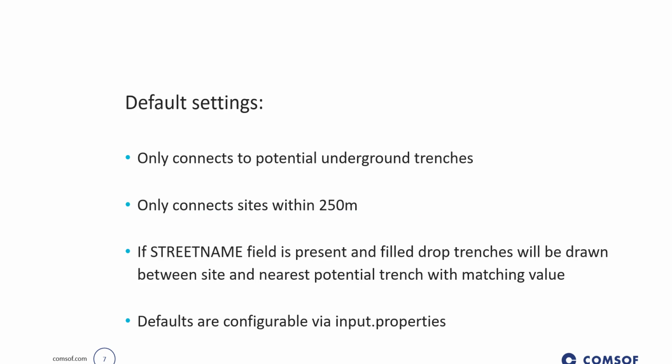By default, drop trenches will connect only to potential trench paths, and only to sites within 250 meters of those paths. If the demand point being connected has a street name value entered, Comsof Fiber will attempt to connect it back to a potential trench with that same value, provided one is in range.